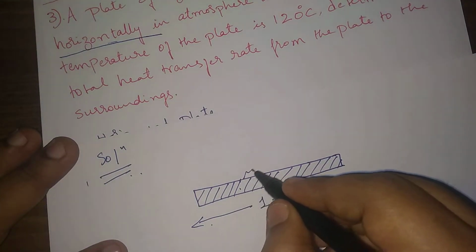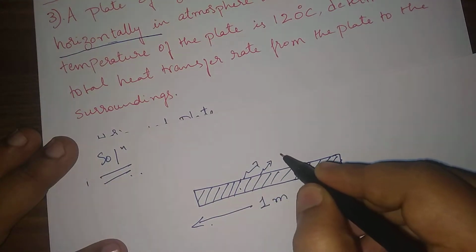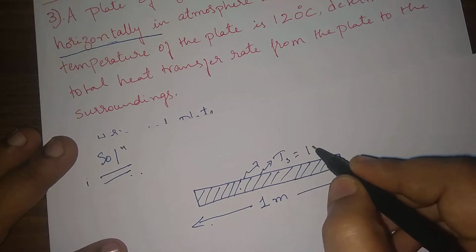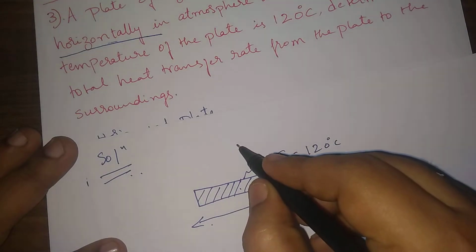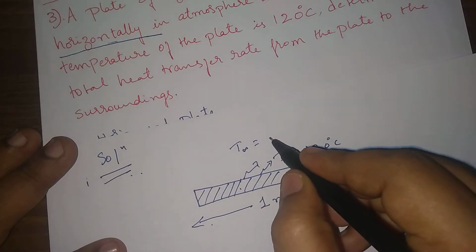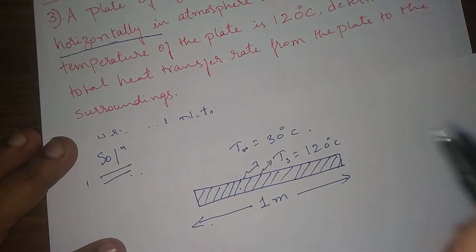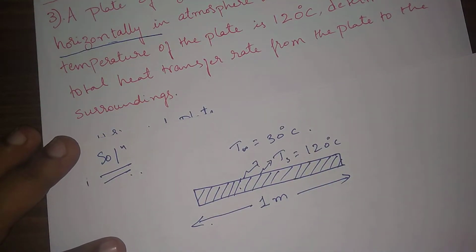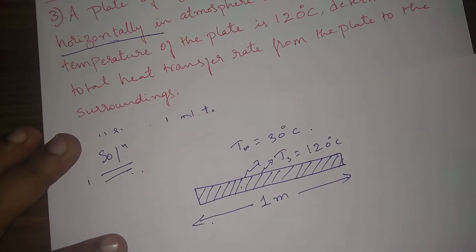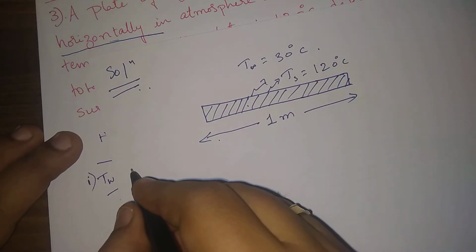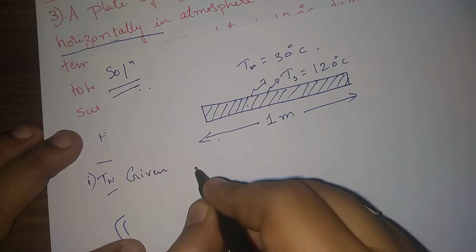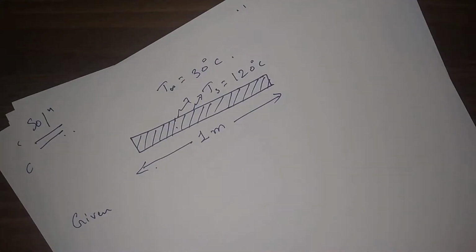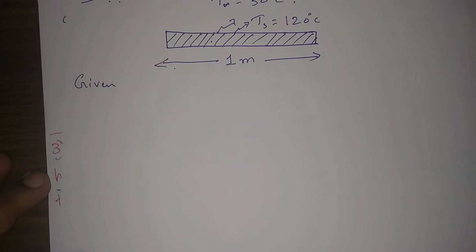The surface temperature Ts is equal to 120 degrees centigrade and T infinity is equal to 30 degrees centigrade, and it is oriented horizontally, that's why we have written here. So let us write the given. Given: these are the data we have been provided with.